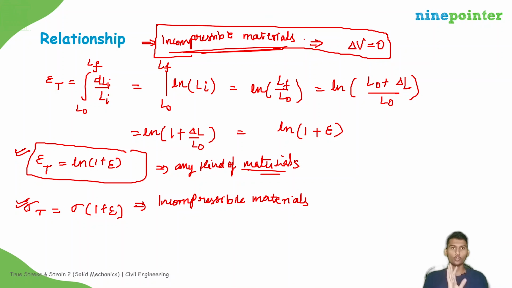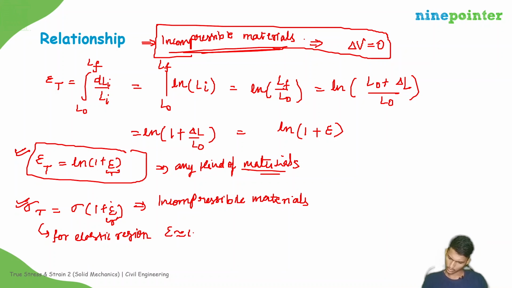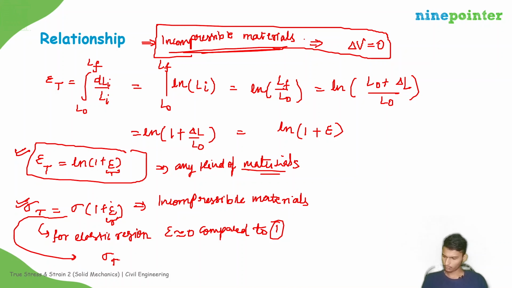See over here, if epsilon is nearly 0 for the elastic region, epsilon is nearly 0 compared to 1, right? So sigma T will be almost equal to sigma, right? Do you agree? Yes.